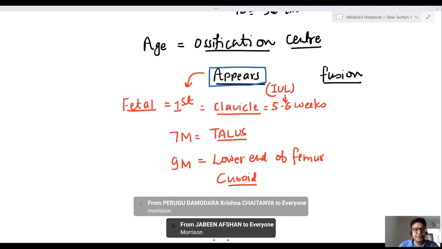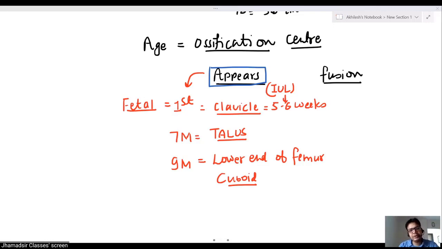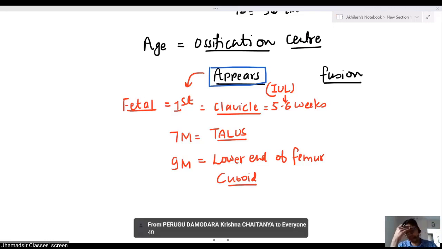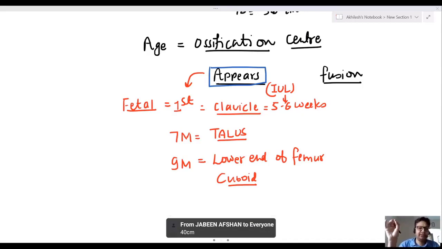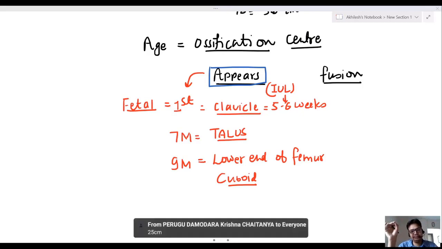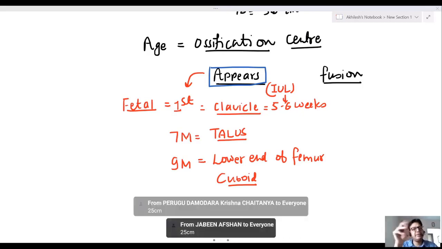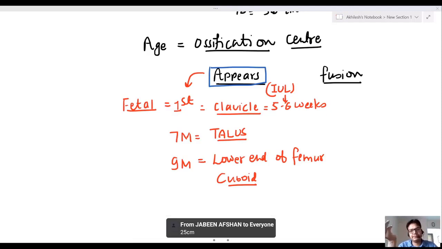At the 8th month of fetal age, what will be the length? 8th month, 40 centimeters. At 5 months of age, what will be the length? 25, 5 into 5, because it is a square. It's a very simple formula.